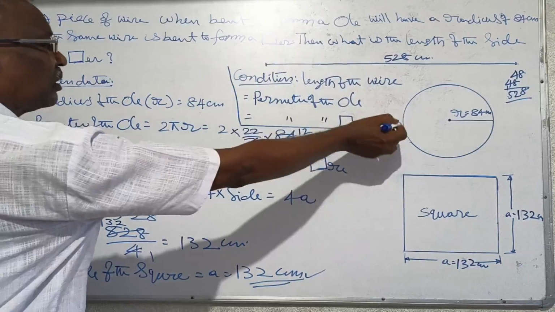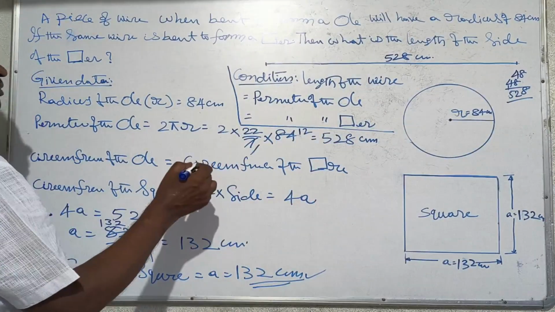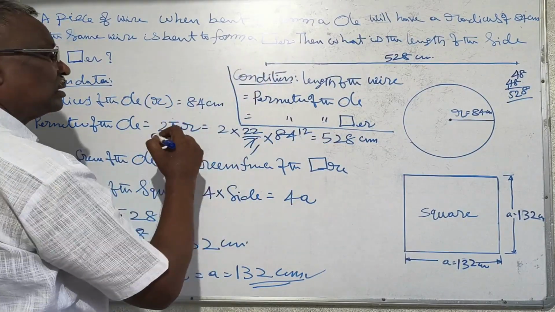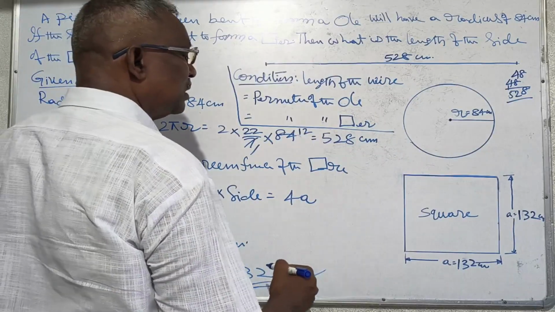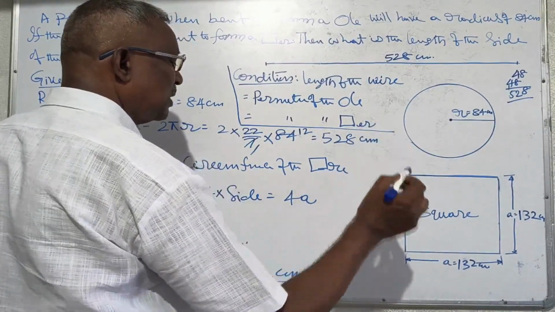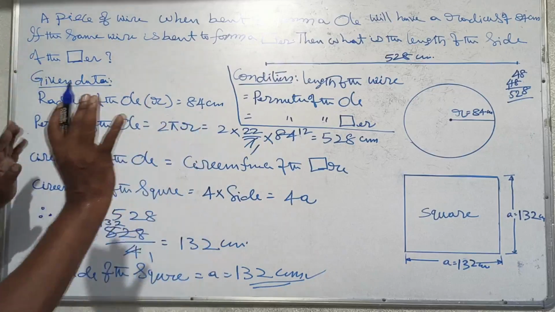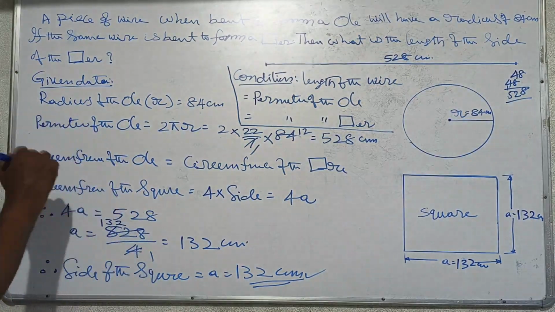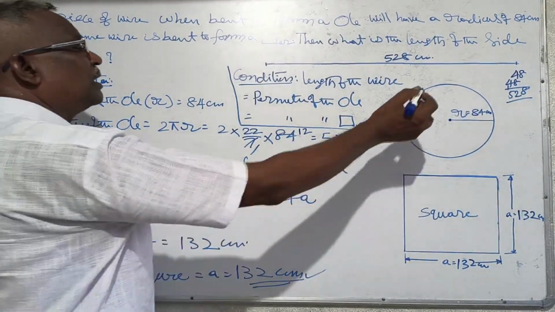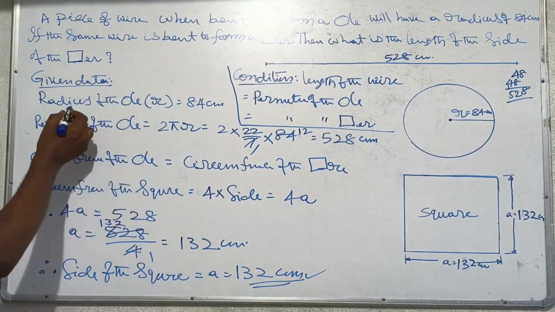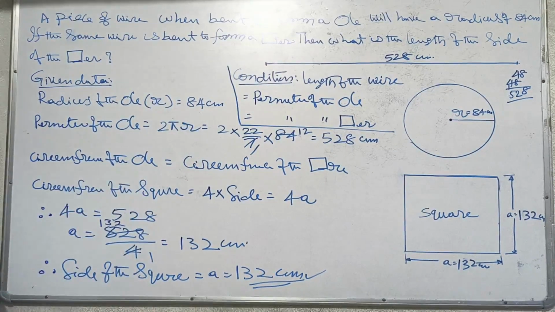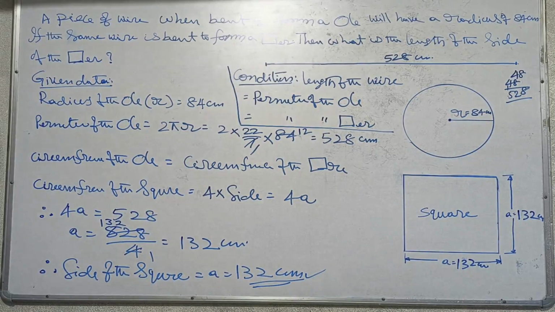So these three are equal. Length of wire is equal to circumference of the circle is equal to circumference of the square. This is the condition. Next, he has given us radius of the circle, 84 centimeter.